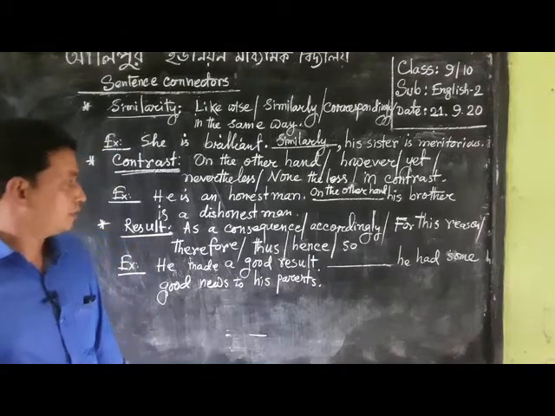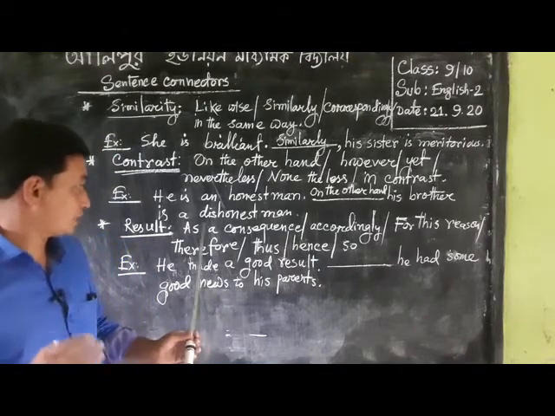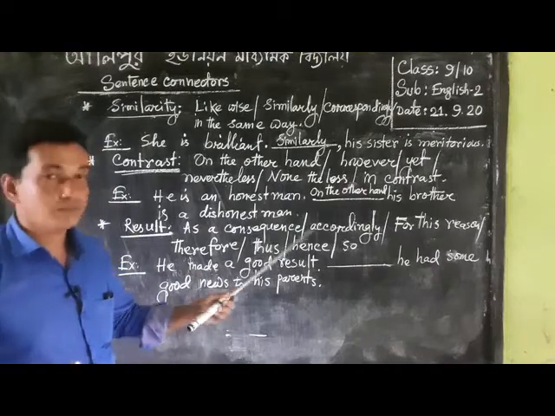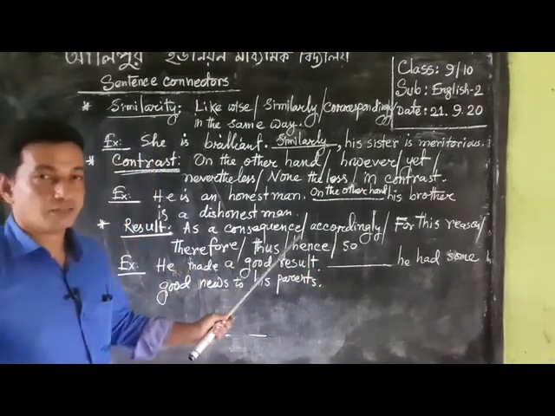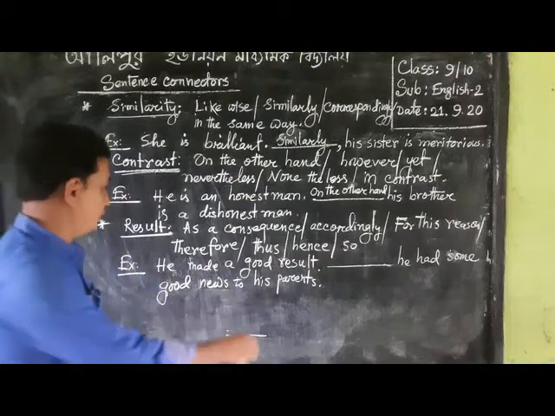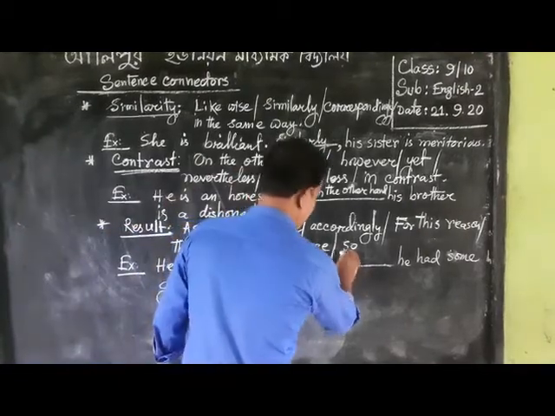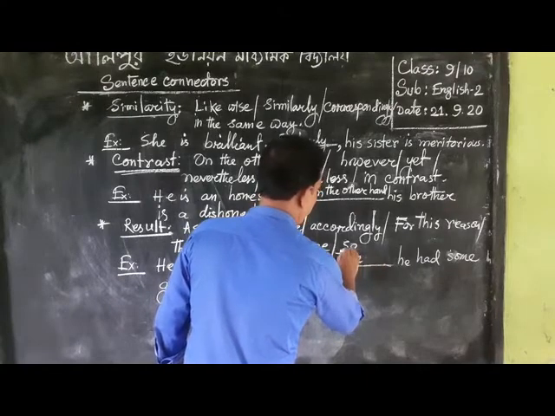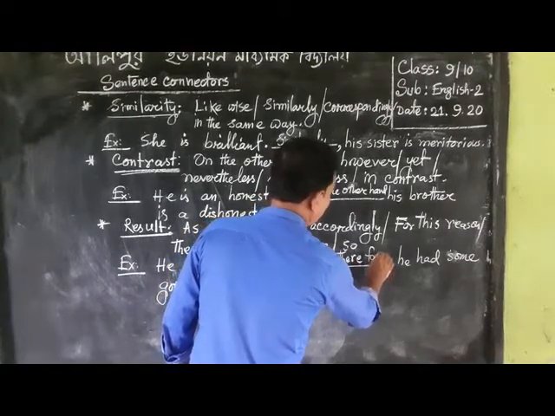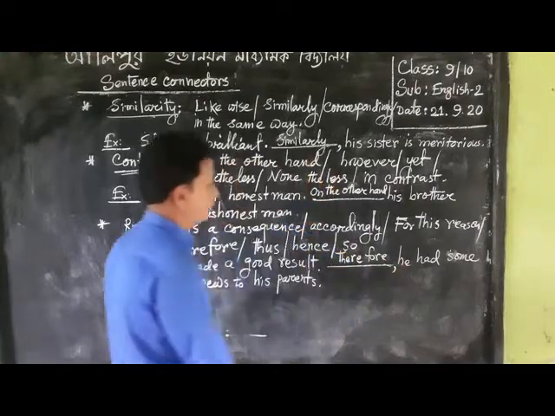And we may write as a result of his action, as a consequence, accordingly, for this reason, therefore, thus, and so, etc. So, this will be made right here. Okay, the learners.